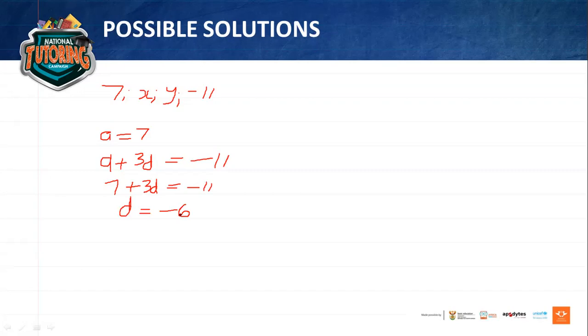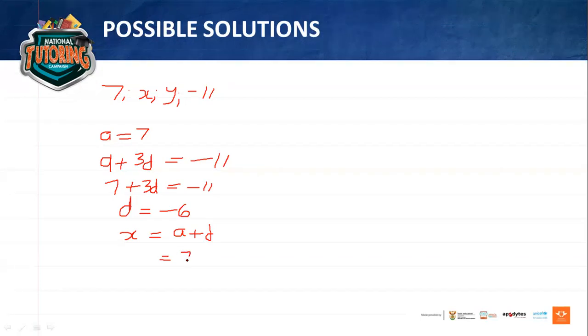So if we have the value of d as minus 6, then we do not have a problem. We can get our x. Now remember, our x in this particular case is going to be equal to a plus d because it's the second term. You've got the value of a, which is 7, and the value of d, which is minus 6.